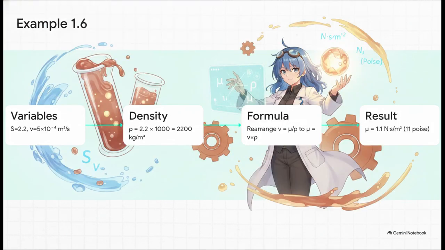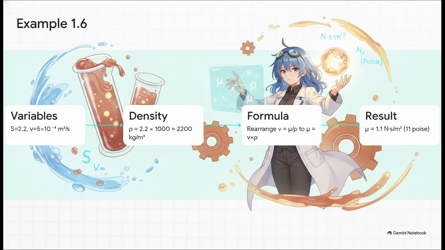Let's look at one final, really elegant problem that combines density and viscosity. We have a fluid with a specific gravity of 2.2 and a kinematic viscosity of 5 times 10 to the -4 square meters per second. The question is, what is its dynamic viscosity? Step 1 is finding the actual density. Since standard water is 1,000 kilograms per cubic meter, a specific gravity of 2.2 means our mystery fluid's density is simply 2.2 times that, or 2,200 kilograms per cubic meter.